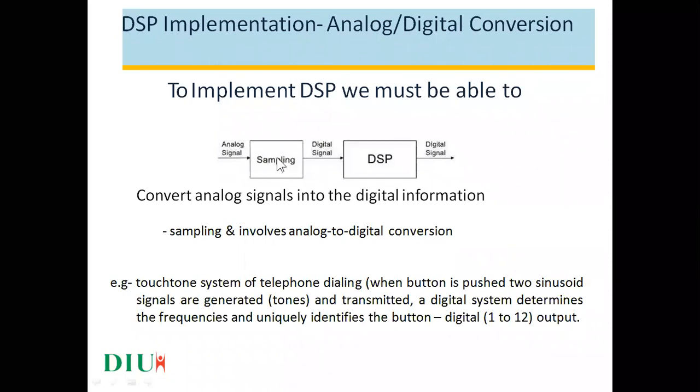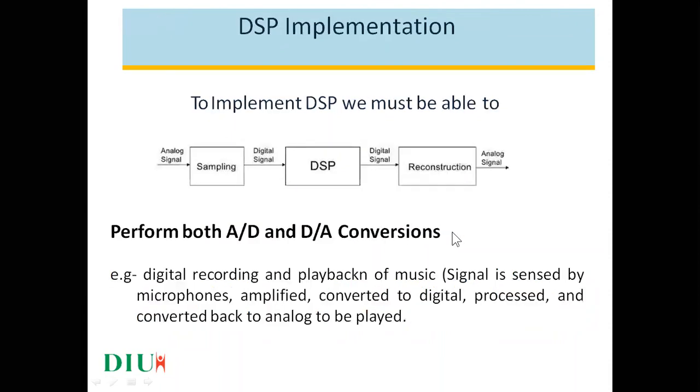First we do sampling, that is, the analog signal will be sampled, or simply discretized, and encoded and then applied to the DSP processor. This involves the sampling and the analog to digital conversion. Then this is a more simplified diagram of the complete DSP implementation.